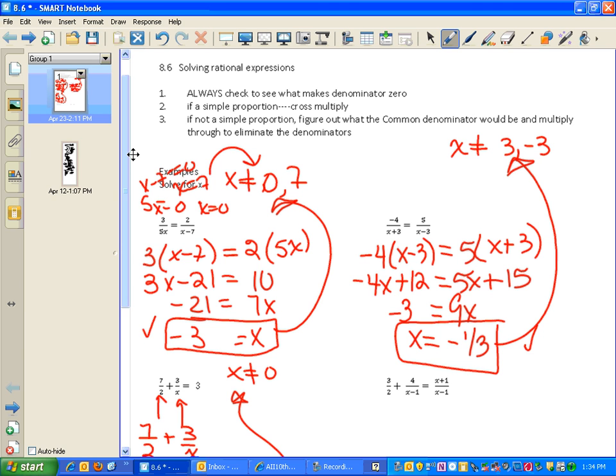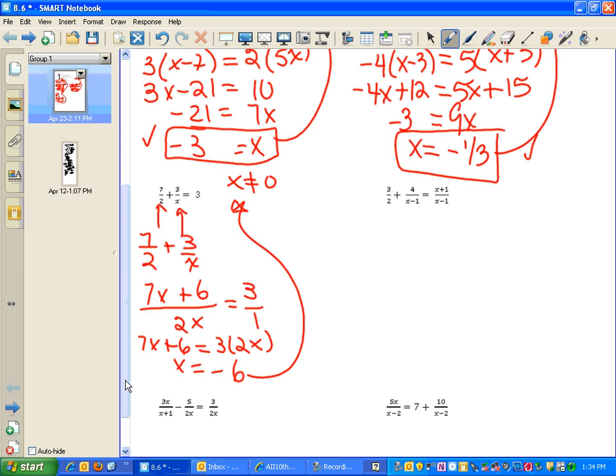What you multiply one side of my equation by, I must multiply the other side to keep it in balance, right? So, we're going to do that on this one. What can't x equal? That's the only thing that it can't equal, right?